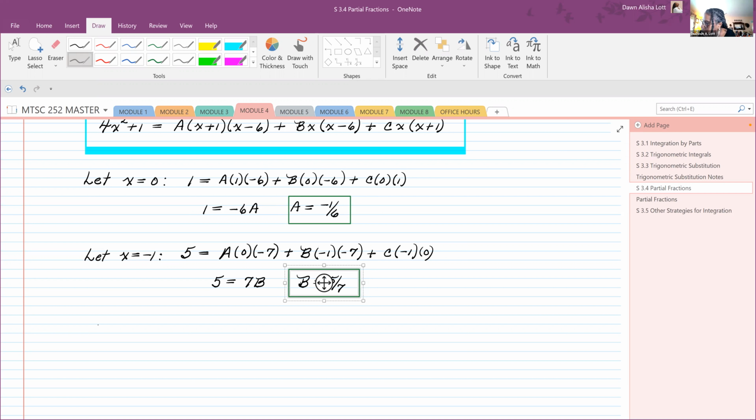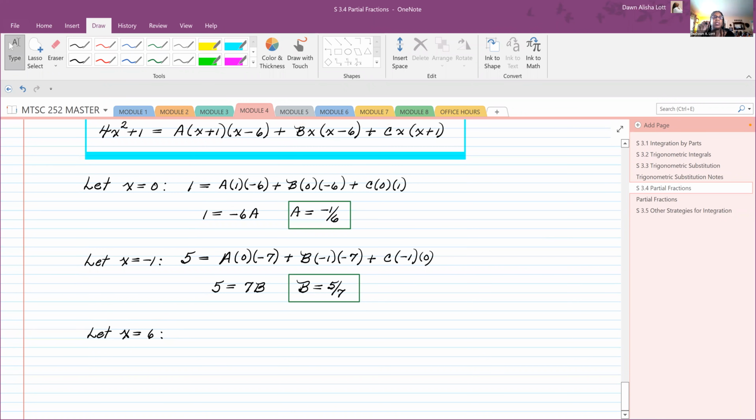All right, let x equal 6. On the left-hand side, we're going to get 4 times 36 plus 1, which is going to be A times 7 times 0 plus B times 6 times 0 plus C times 6 times 7.